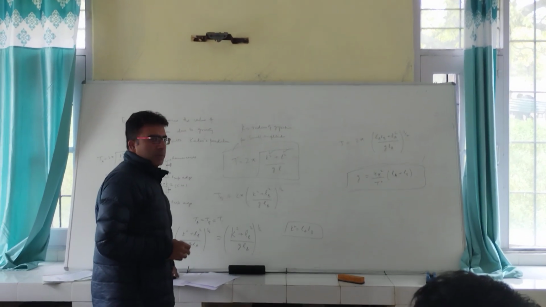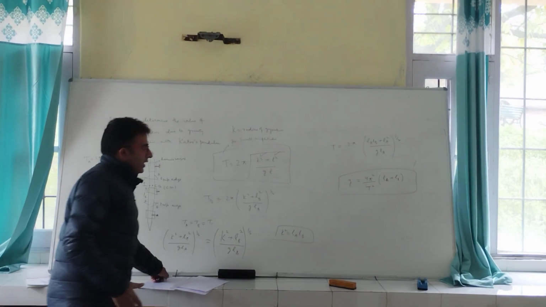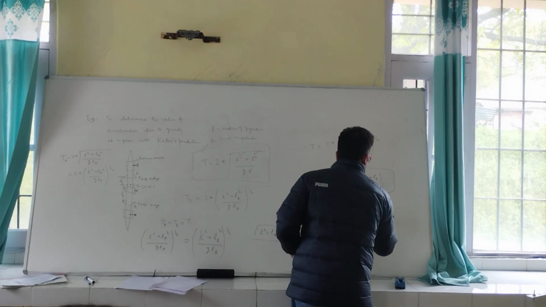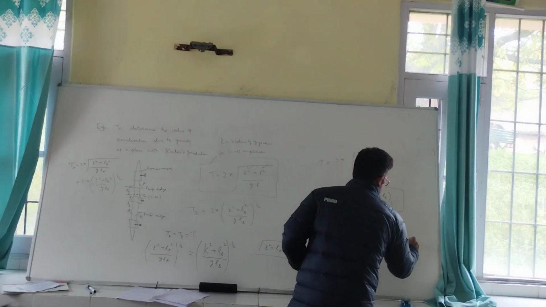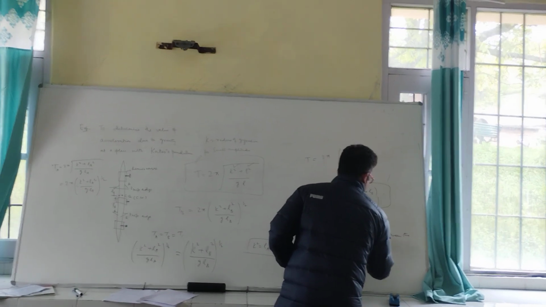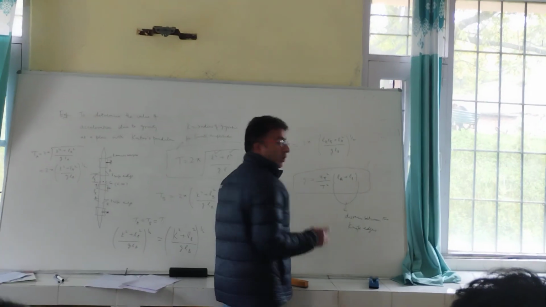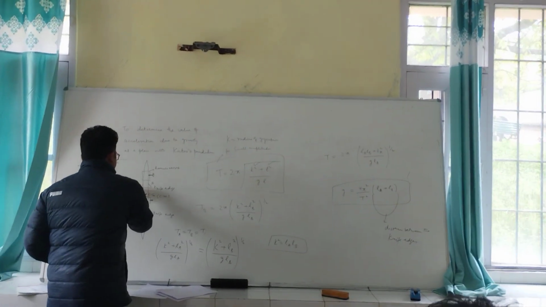This is the working formula in this experiment. Very simple. What is LA plus LB? It is the sum, the distance between the knife edges for equal time period. This is your LA plus LB.